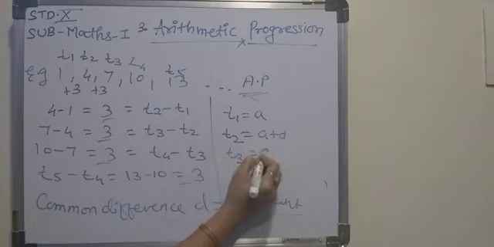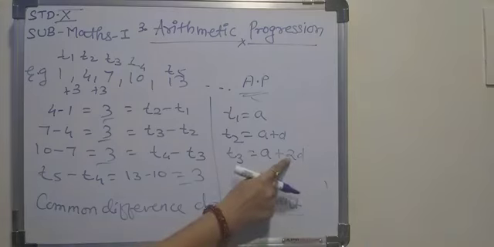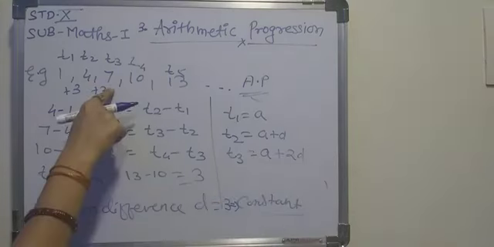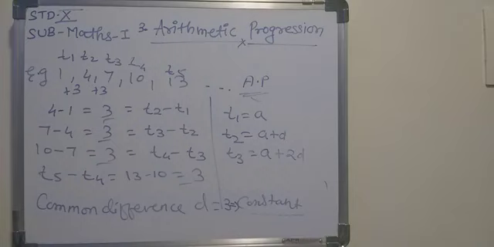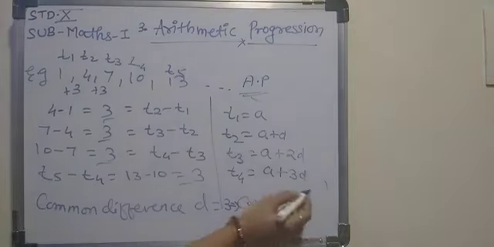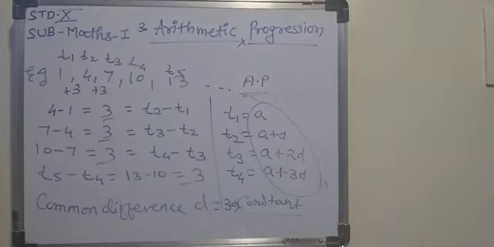For T3, you have to do A plus 2D: 3 twos are 6, 6 plus 1 is 7. And for T4, A plus 3D: 3 threes are 9, 9 plus 1 is 10. Clear? So this is a sequence in arithmetic progression.